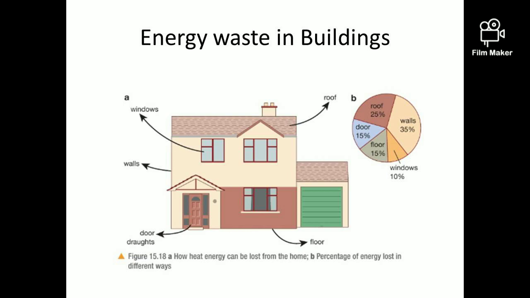From the roof, we waste around 25%. Through floor and doors, 15%. And 10% of energy is wasted through windows. These are average figures, therefore we have to prevent energy waste from these mediums.